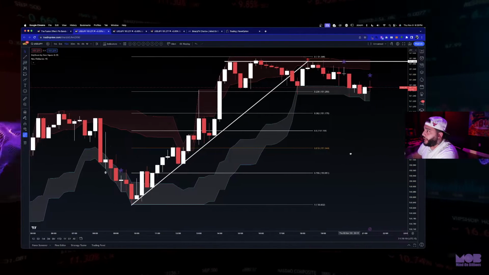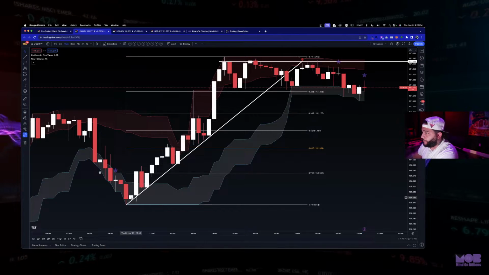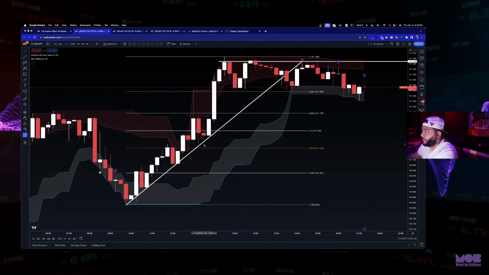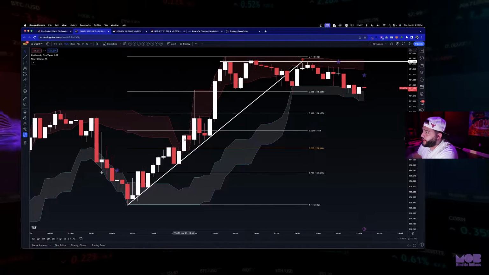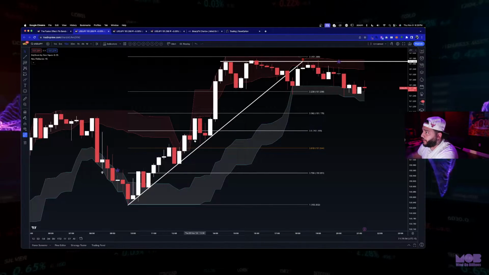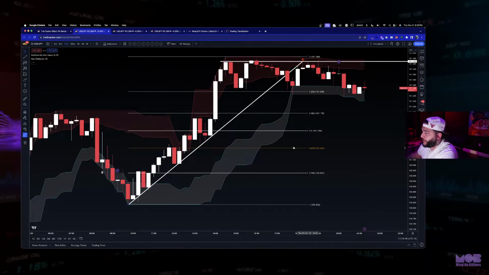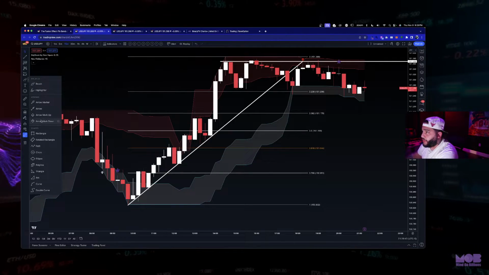What we can find is basically this. When we see a pullback, most likely, if it's a pretty good pullback followed by a continuation, it'll bounce right around the 50 to 618 area. Some people consider this the golden zone.